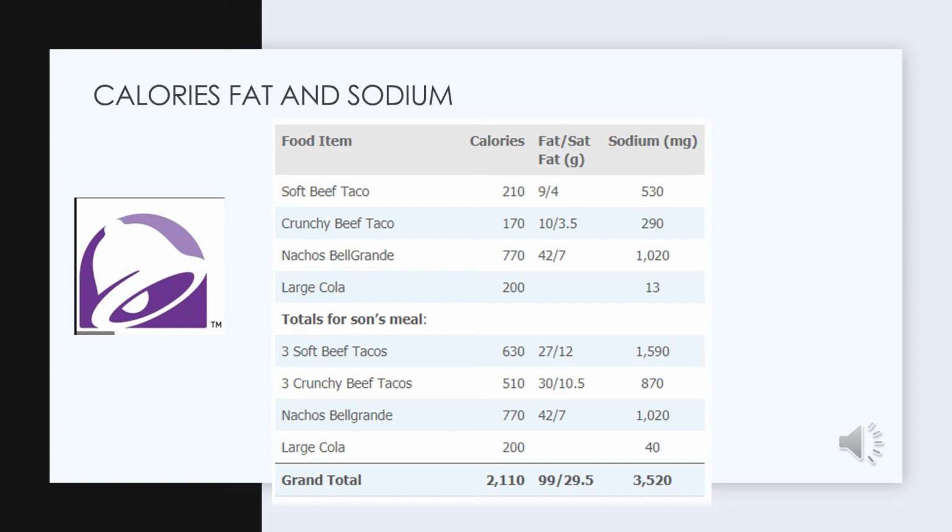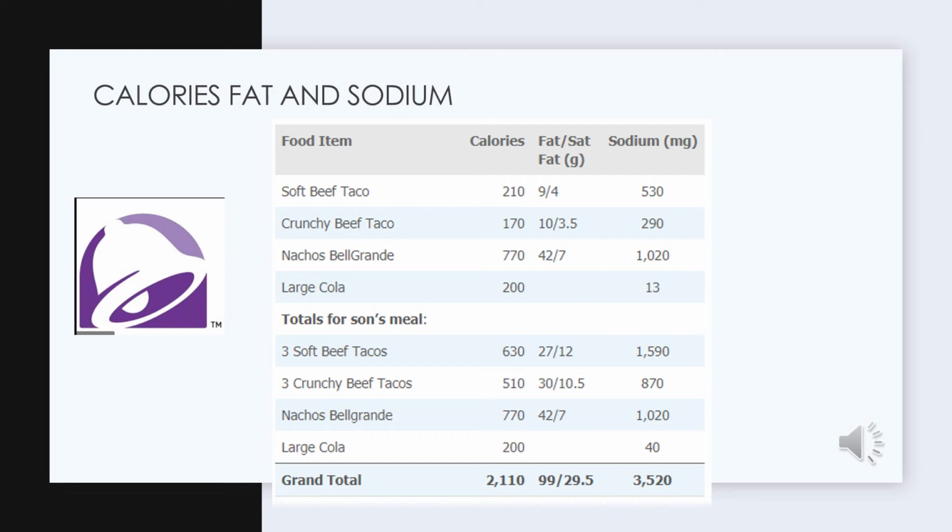Remember yesterday we talked about a 2,000 calorie diet being what we base our diet intake on. This was a selection of food that the nutritionist said her son had gone and gotten.